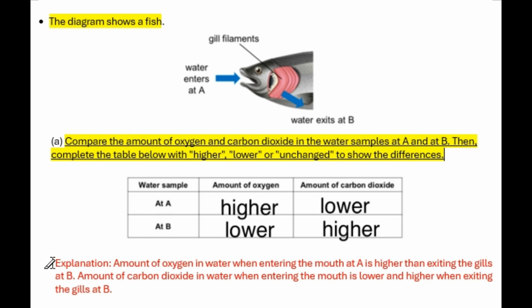Explanation: the amount of oxygen in water when entering the mouth at A is higher than exiting the gills at B. The amount of carbon dioxide in water when entering the mouth is lower, and higher when exiting the gills at B.